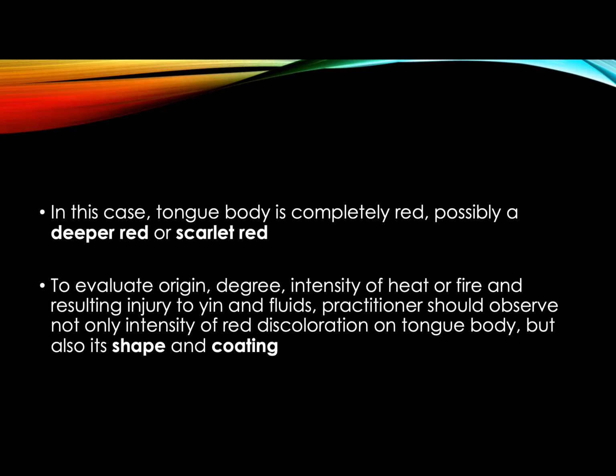To evaluate origin, degree, intensity of heat or fire, and resulting injury to yin and fluids, practitioners should observe not only the intensity of red discoloration on the tongue body, but also its shape and coating.